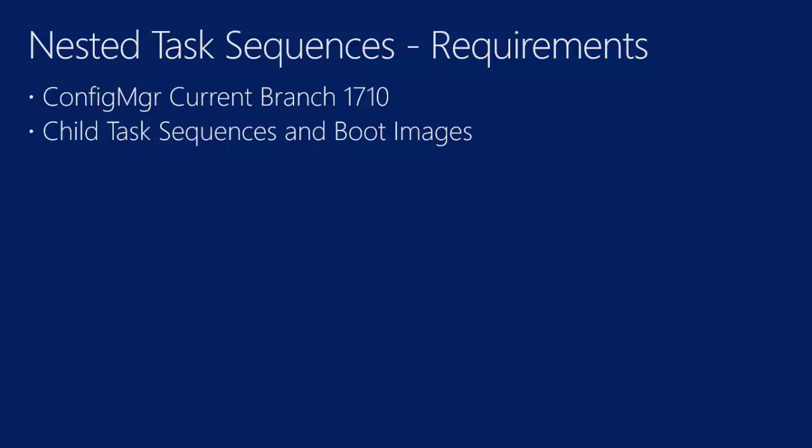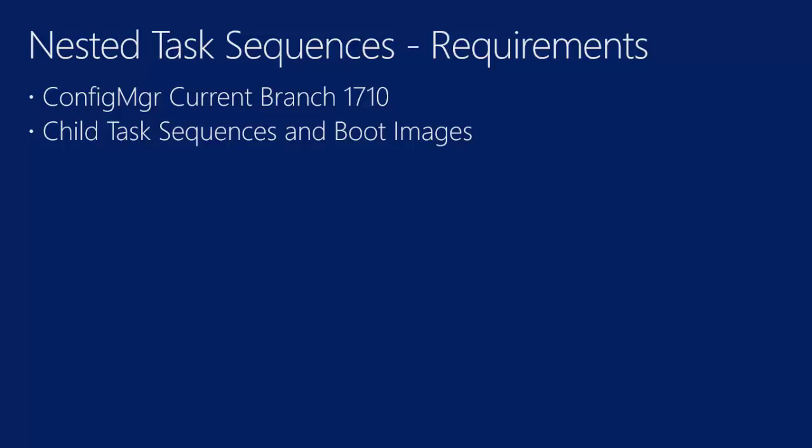Now, bullet number one. When did all of this become available in Config Manager? Well, it first released as a part of Configuration Manager Current Branch 1710. I believe that was actually a pre-release feature at the time. Now, in 1802, it is no longer pre-release. You can enable it and use it however you like.